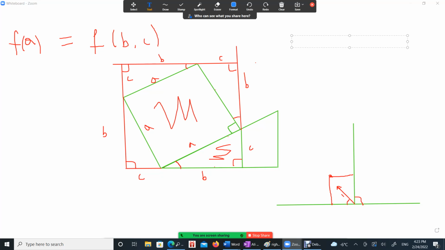The area of this square could have its equation formed independent of this triangle.